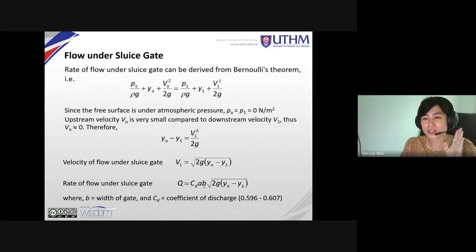Now, CD is the coefficient of discharge, because we know that the discharge that comes out, or the depth, is actually smaller than A. So we have this discharge coefficient to correct for that, since the opening doesn't have smooth flow, it actually reduces the discharge. So you have the coefficient of discharge. Now, if you ask me where this value comes from, for example, 0.596.